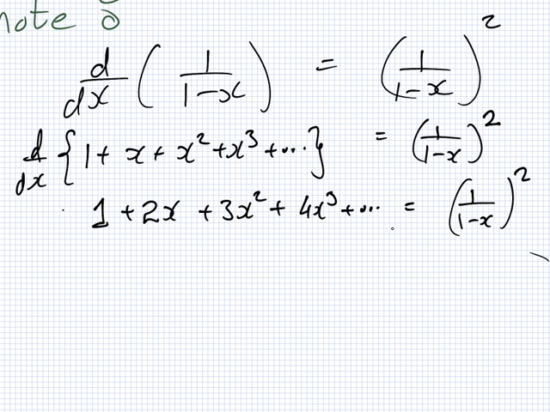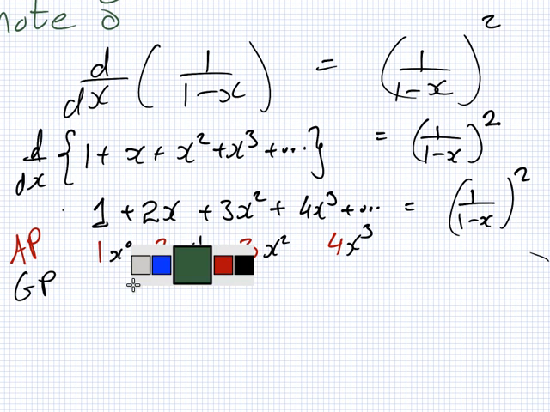The reason I think it's interesting is because it's a mixture of an AP and a GP. If you look here, 1, 2, 3, 4, that's an AP. But then if you look at the x's, it's x^0, x^1, x^2, x cubed, that's a GP. So it's almost like you've put the two together. These numbers are increasing by plus 1, and the x's are increasing by multiplying by x. For example, try x equals a half.